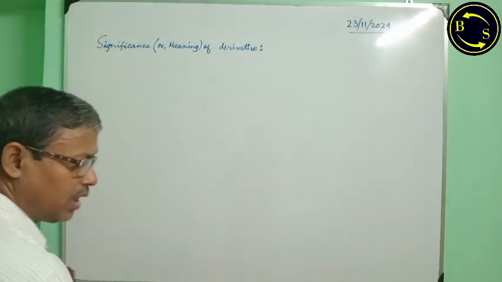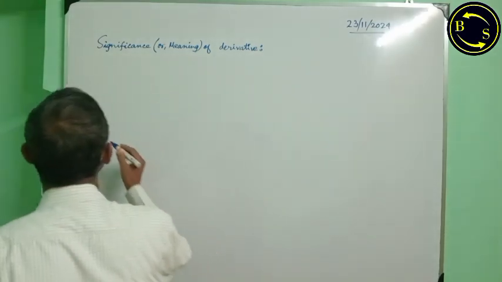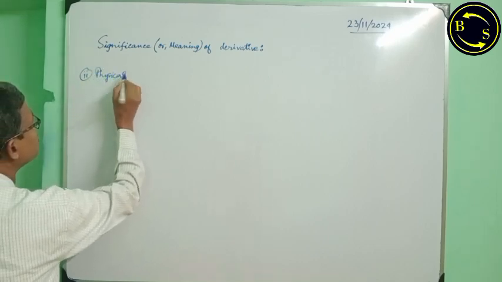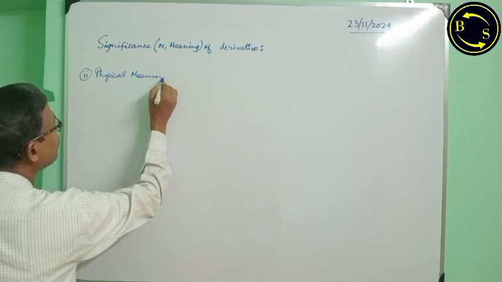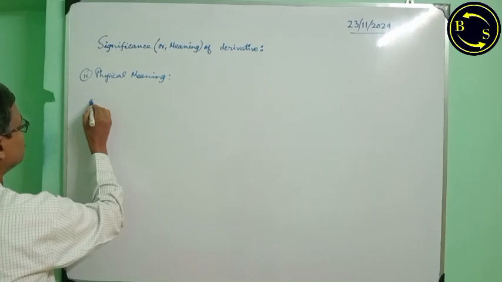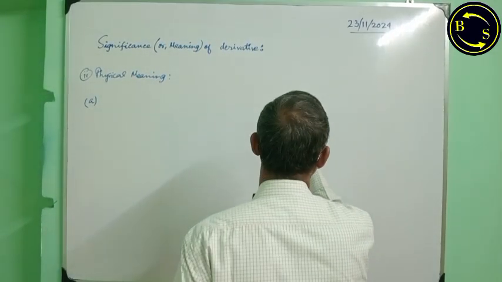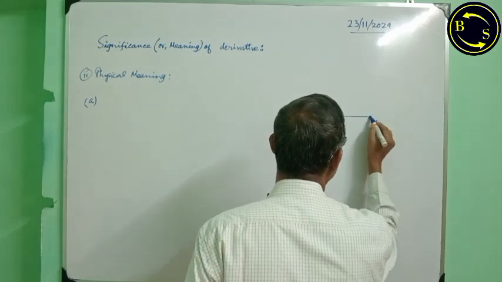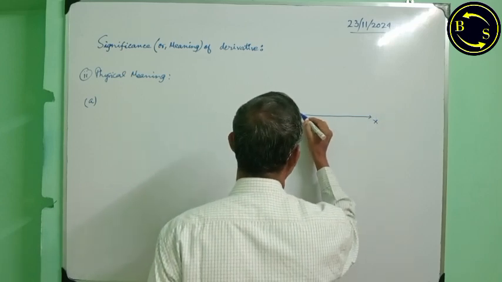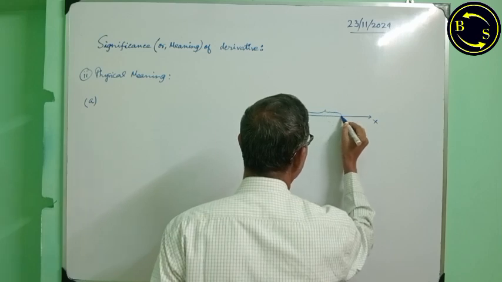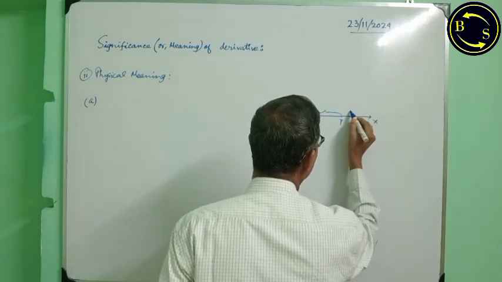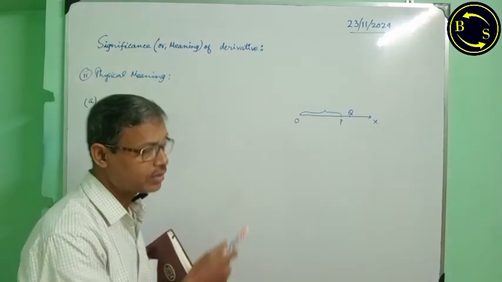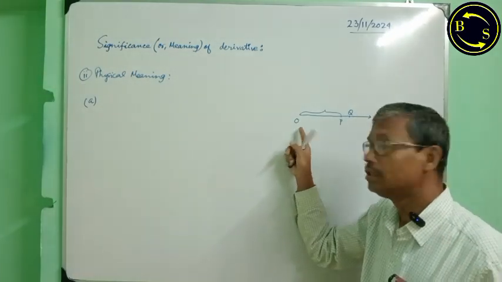We name the fixed point as O. A particle moves along the straight line OX from the fixed point O. Generally we call it origin.